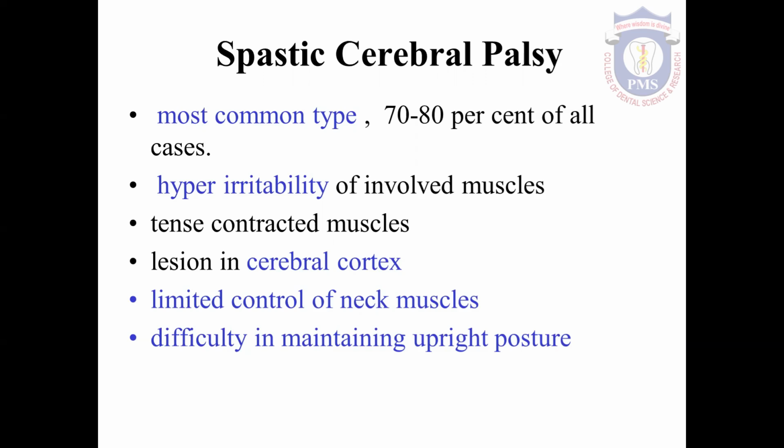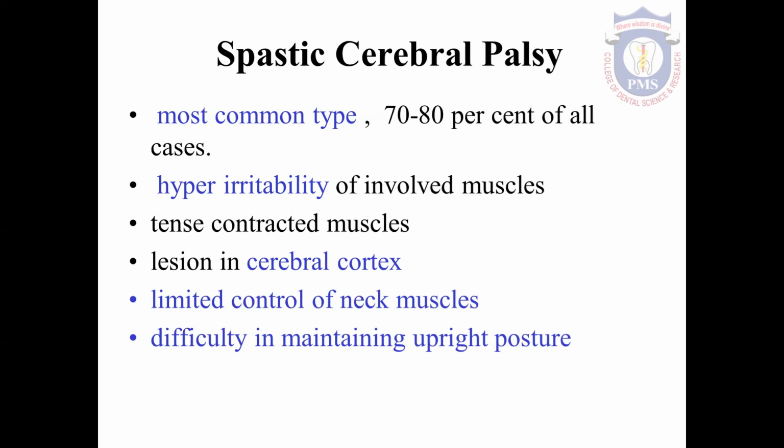There is limited control over the neck musculature. Normally we can keep our neck upright. In a newborn baby, when you carry the baby you need to support the neck, because the neck musculature may not be completely developed, or the muscle coordination won't be there. After some time, after about 3 months, the child has the ability to keep the neck upright.